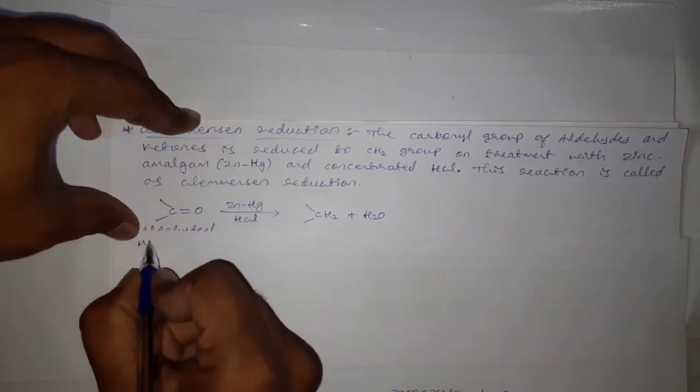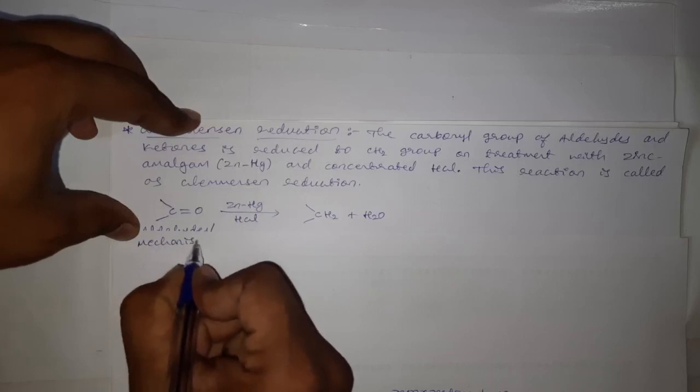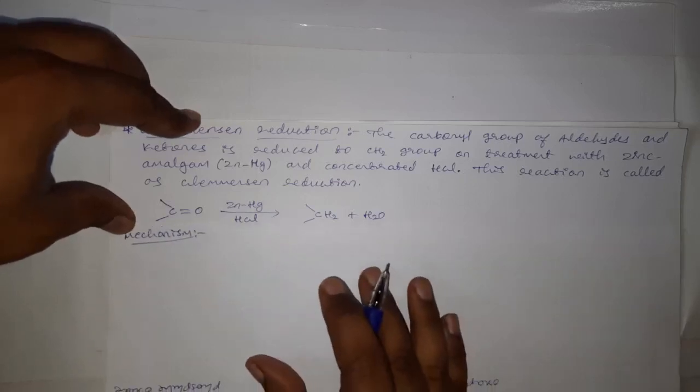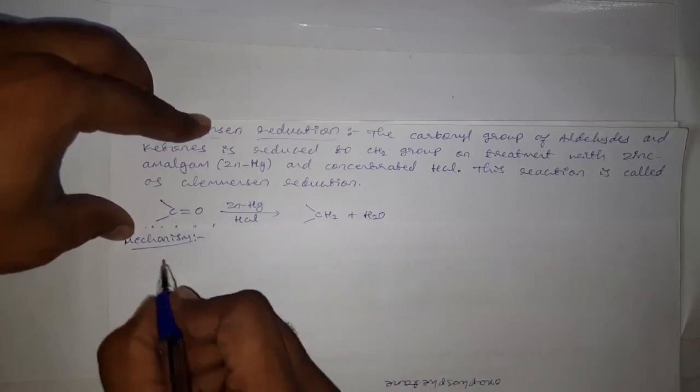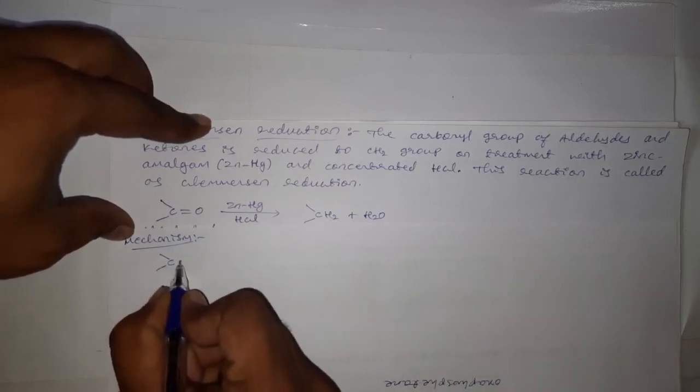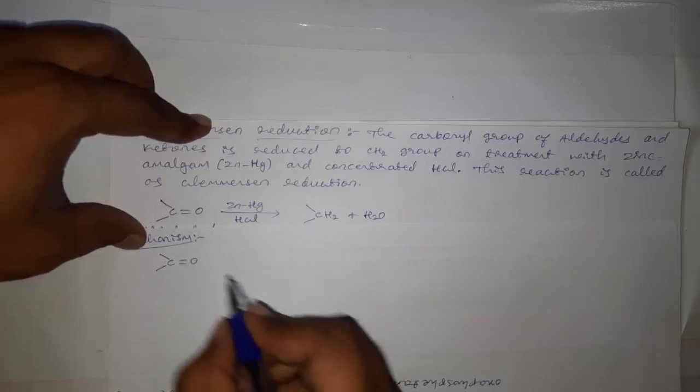Then coming to the reaction mechanism of this Clemmensen reduction. See, this is our carbonyl group.